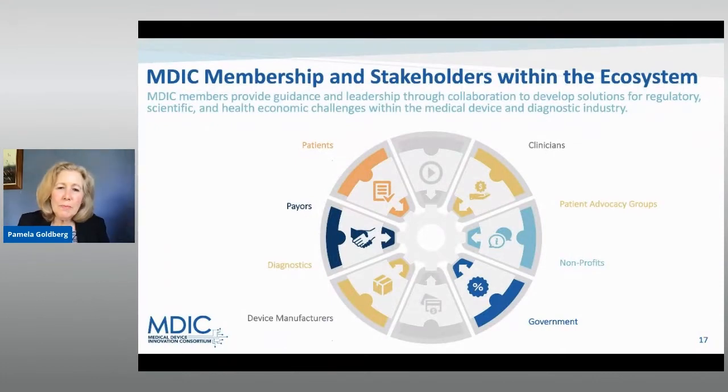So MDIC membership, we are a membership-based organization. We currently have over 60 members and are growing. And they come from a variety of different sources. Most notable is the fact that the tech community is interested, as we expand our digital health initiatives, in becoming actively engaged.